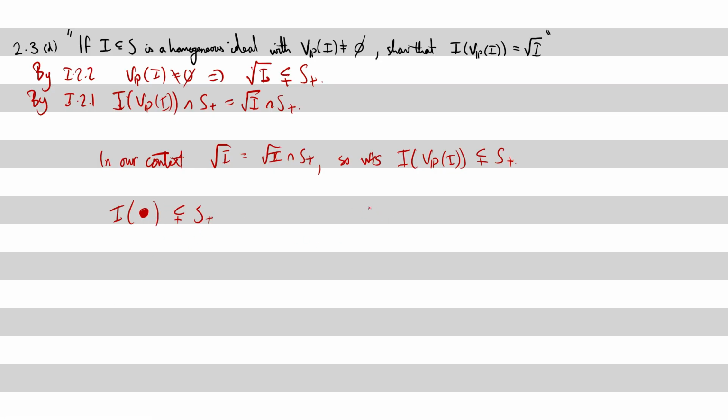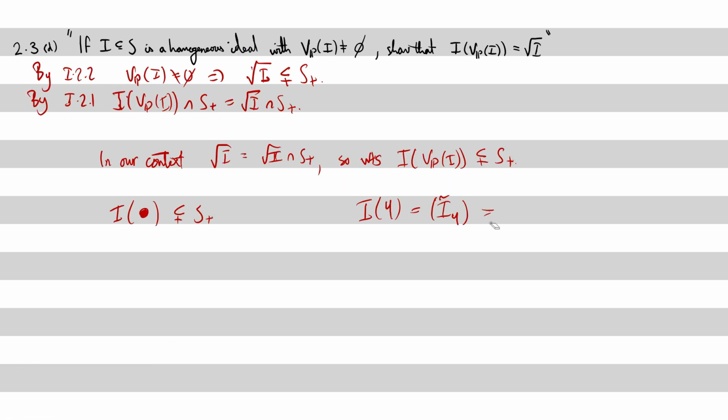So we recall that the ideal generated by some set is equal to the ideal generated by this, such that I tilde y equals f homogeneous such that f p equals 0 for all p in y.